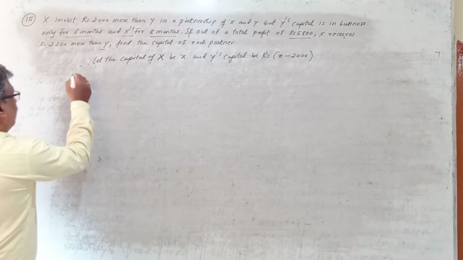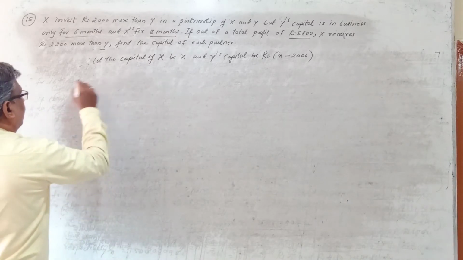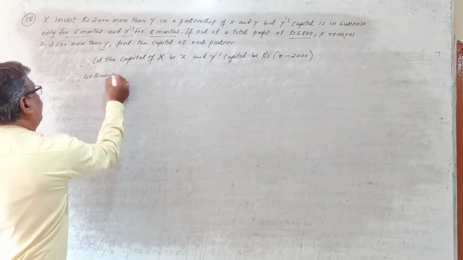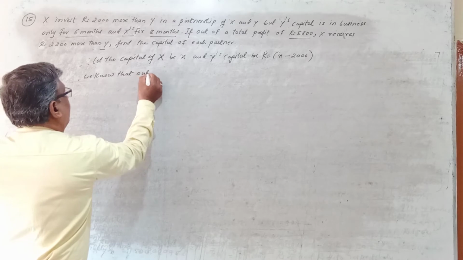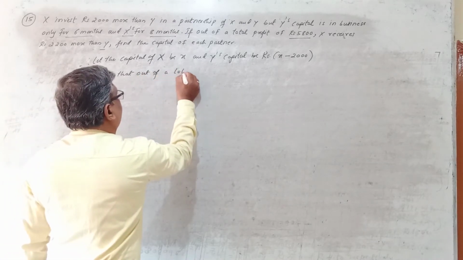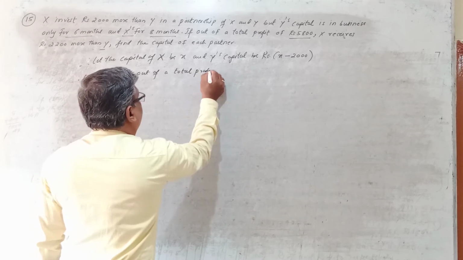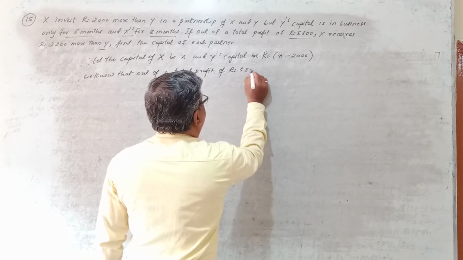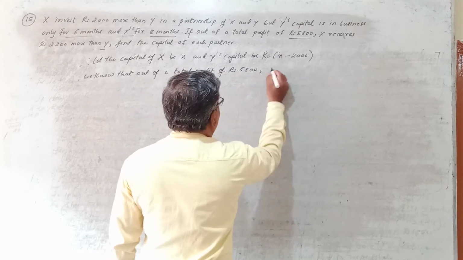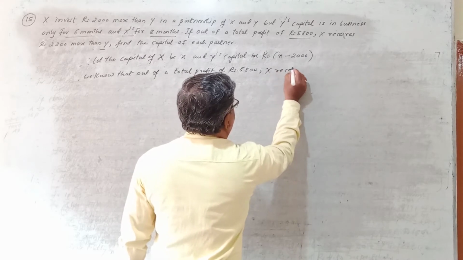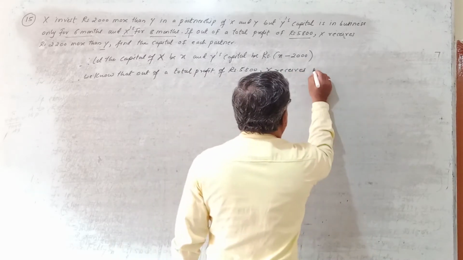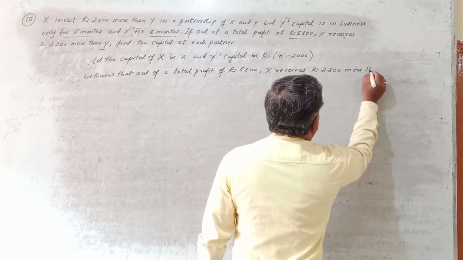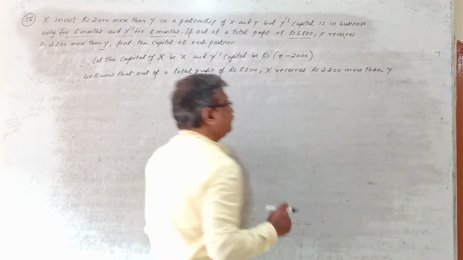Okay. Now here you write, we know that out of a total profit of rupees 5800, X receives rupees 2200 more than Y. Right?